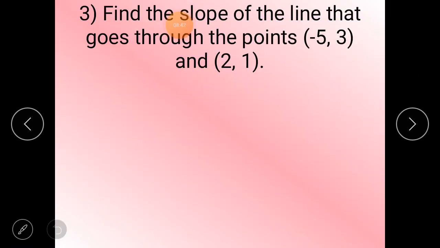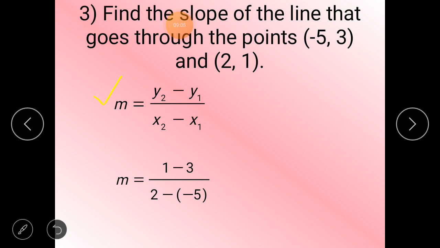Okay? Find the slope of the line that goes through the points -5, 3 and 2, 1. So write the formula: m equals y sub 2 minus y sub 1 over x sub 2 minus x sub 1. Then let's label this.